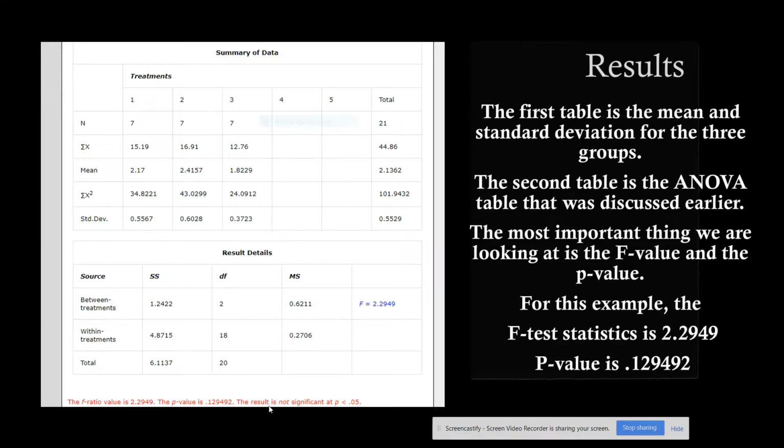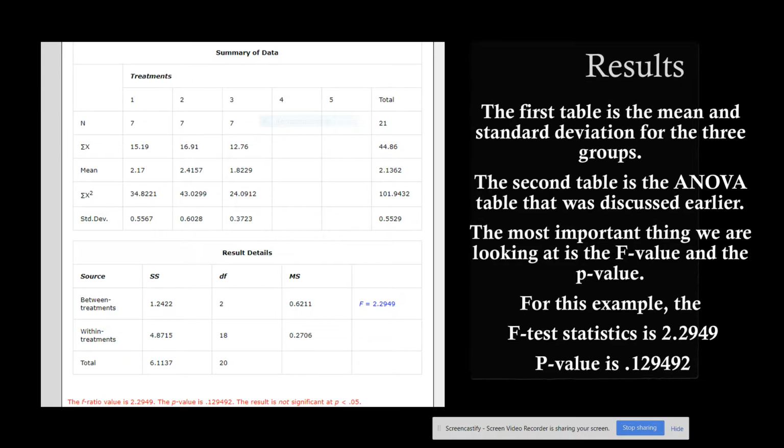And if you see down here in red, it gives it to you. And it says the F value is 2.2949, and the P value is 0.12949. And it says here that the results are not significant. Before you do that, you got to understand what they're saying about the results are not significant.